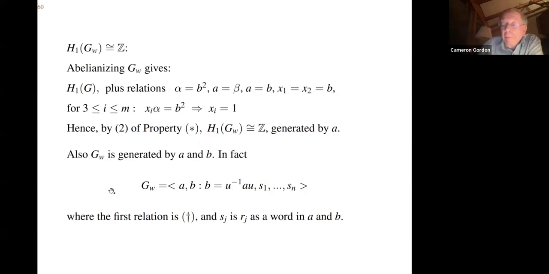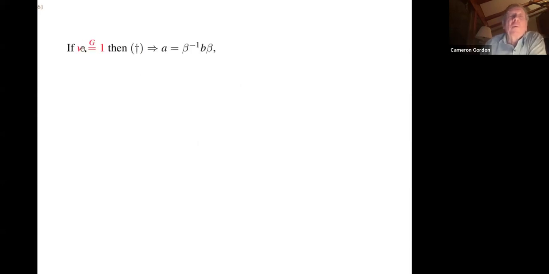But again, this group G sub W depends on W. So what happens if the word happened to be the trivial element of G, in the original group? Well, that relator that said W inverse AW is beta inverse B beta would imply that A is beta inverse B beta, right?